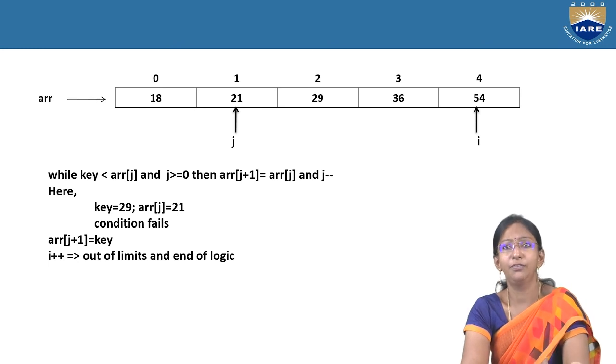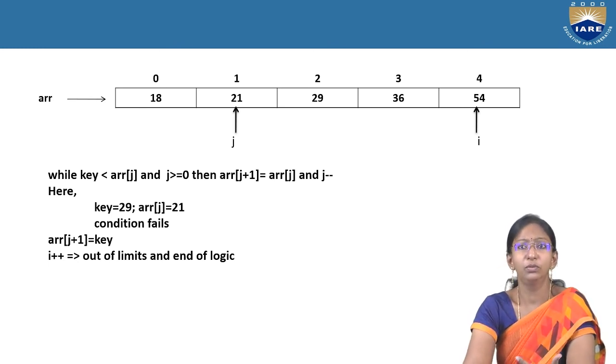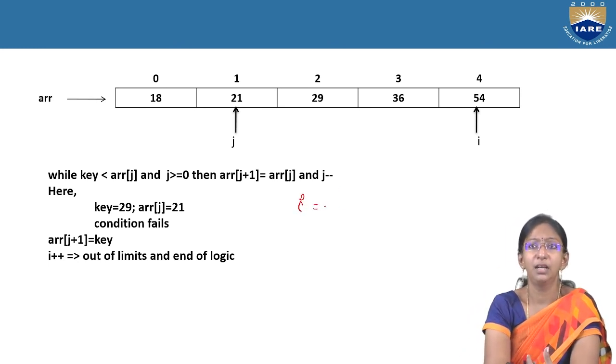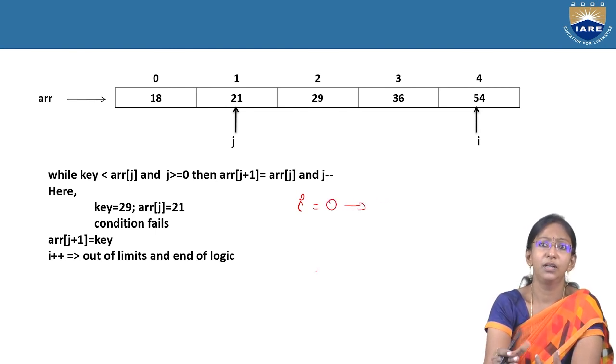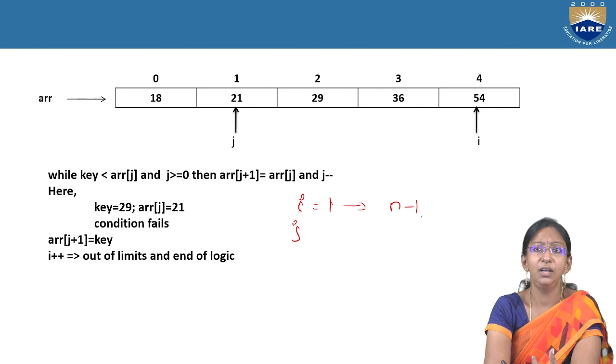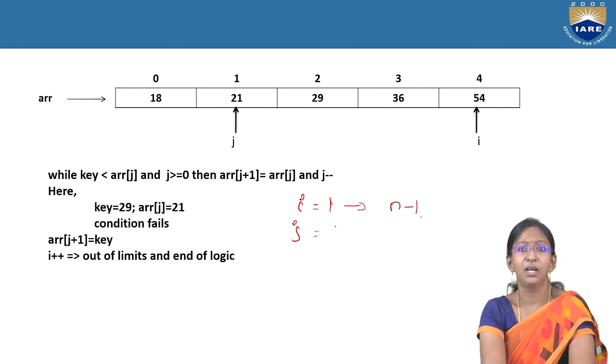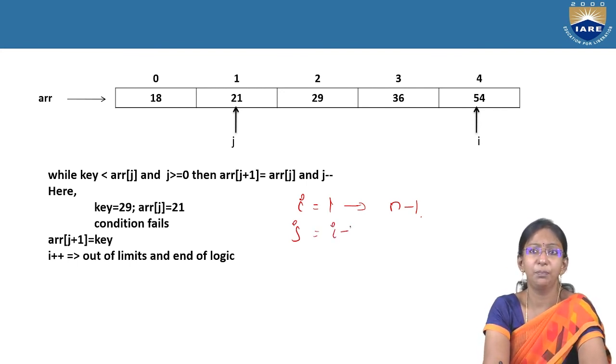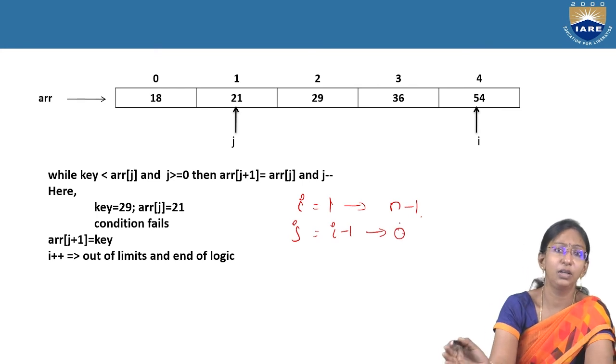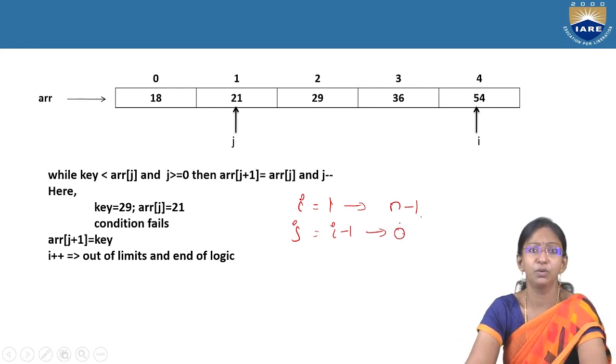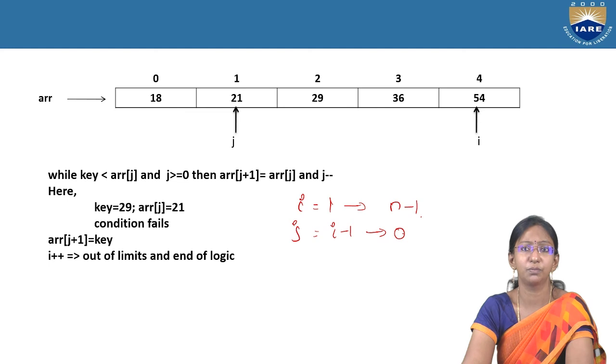I is going to run from 1 to n minus 1 if n is this size. And j will be running one step behind, till 0. It is going to take back steps, whereas I is going to take forward steps.